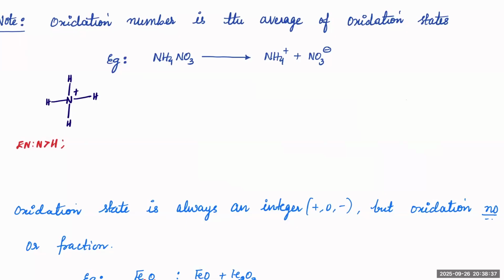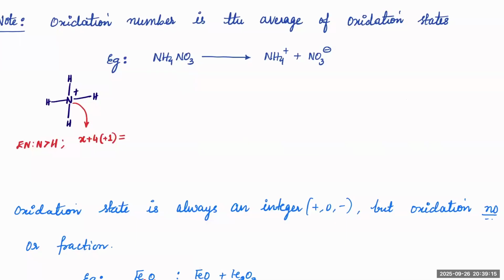Even though it is a very partial movement of charge, here we will give a complete charge assignment because you are making it feel as if it is an ionic bond, and then it is coming out of all the bonds possible. In that case, nitrogen would have, let's say, x amount of charge on it, which is the oxidation state. Then there are four hydrogens, and each is gaining plus one charge, because it is losing the charge towards nitrogen.